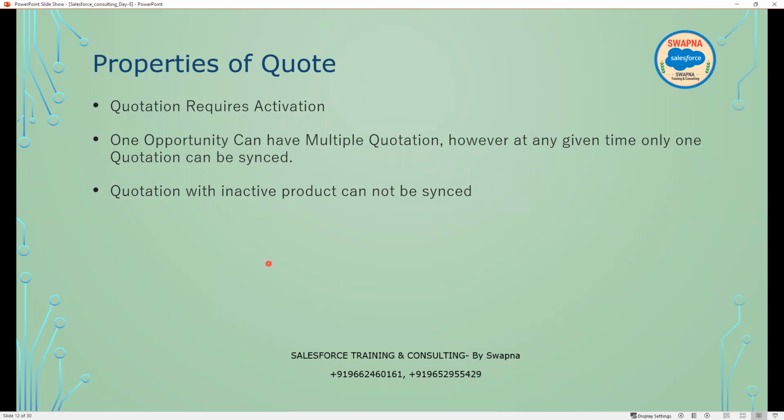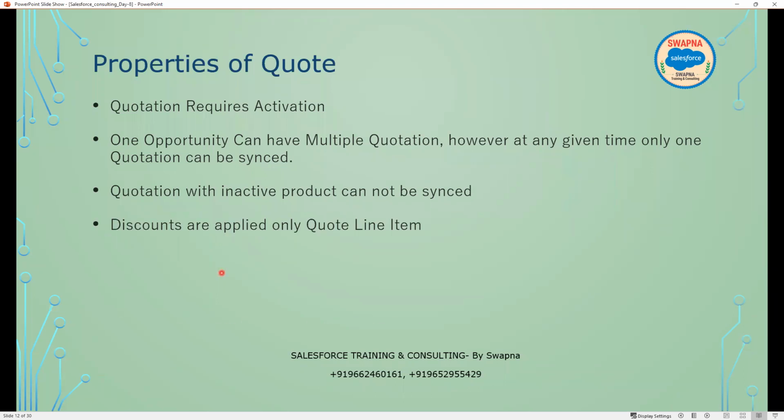That's what we have seen. In case the client deactivates the product and you stop the syncing, and again you start the syncing, it will throw an error message saying that you cannot activate the syncing because there is an inactive product, which we have already seen.